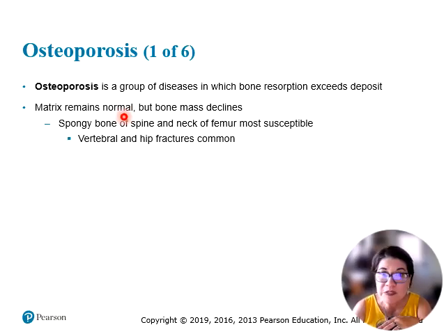And then osteoporosis. There are a few different types, but this is when you are losing bone mass and your bones become kind of holey. That's why it's called porosis, like pores. It affects especially your spongy bone in your spine and neck, and it causes hip fractures.